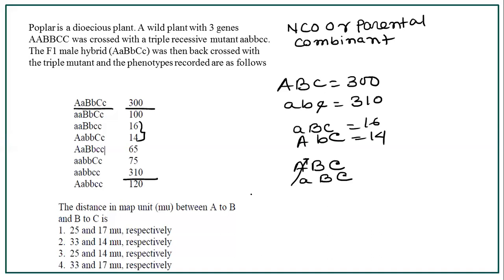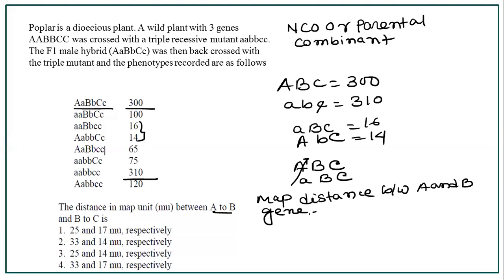Now, how will we get the map distance between A and B gene? You have to calculate the map distance between A and B gene. First of all, find the A and B gene.